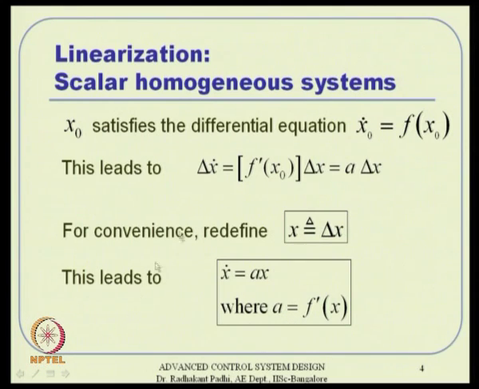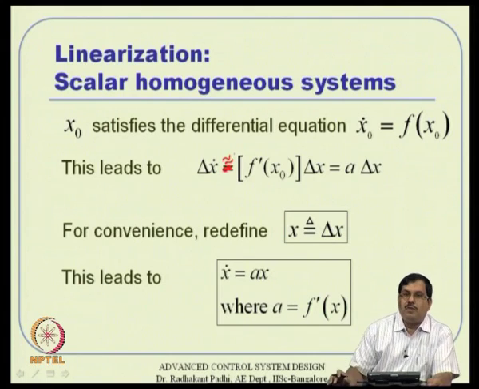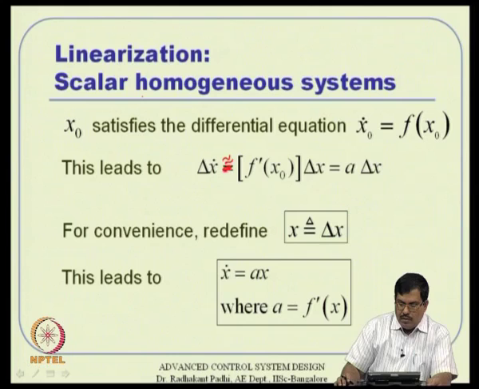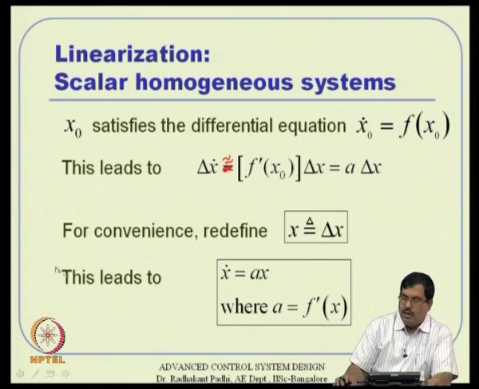Essentially, theoretically speaking, this is no more equal to, so what you are telling is approximately equal to. So, delta x dot is approximately equal to that term, f dash of x 0 times delta x.